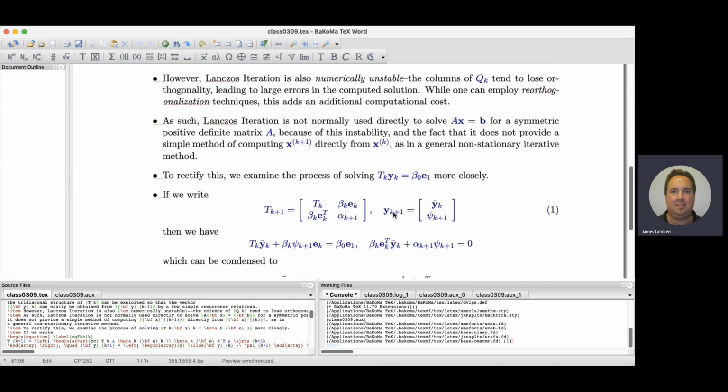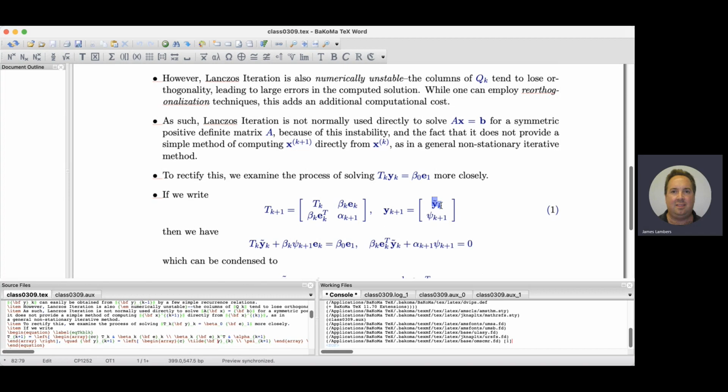And then y_{k+1}, we break it down into the first k elements being this vector y_k tilde, and then some element psi_{k+1} that gets added on the end. Now I want to emphasize here, this vector y_k tilde is not the same as this y_k up here.